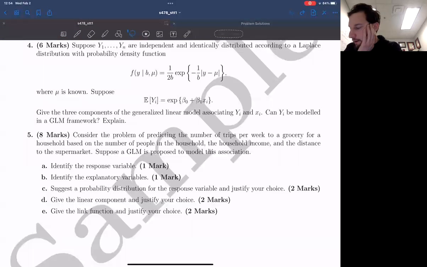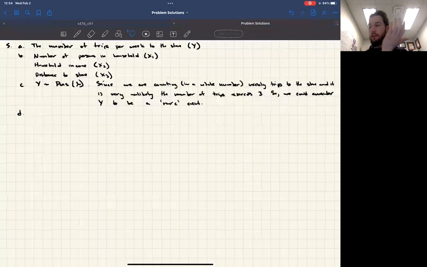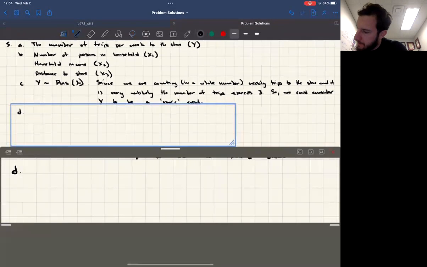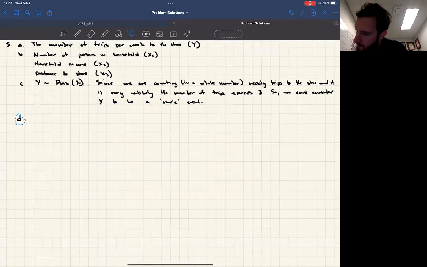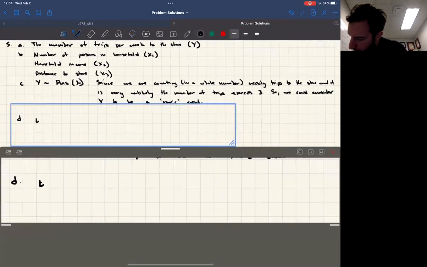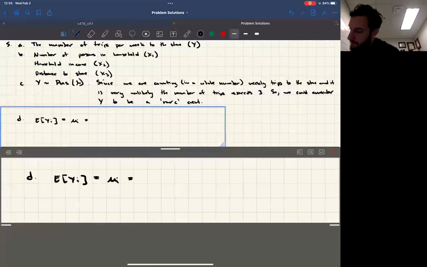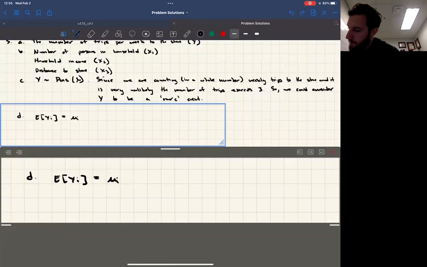All right. Give the linear component and justify your choice. This is a tricky part. So we're going to model Y. We're going to have the expected value of Y is equal to mu i.